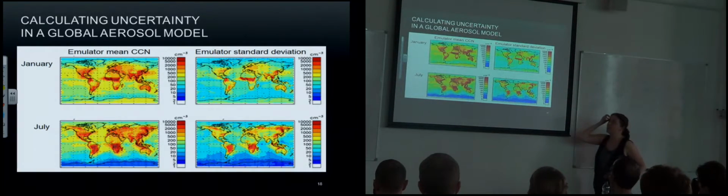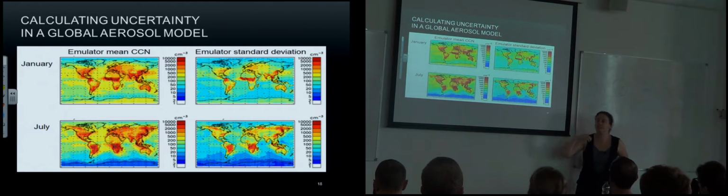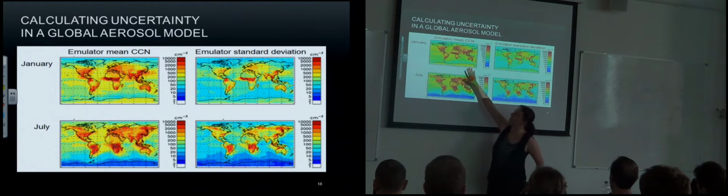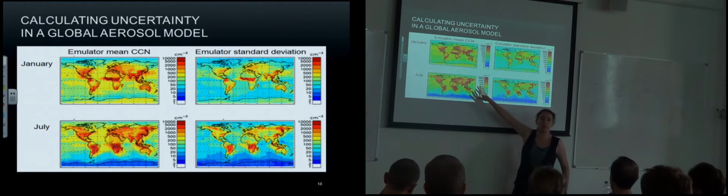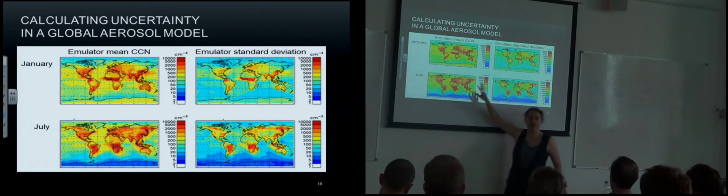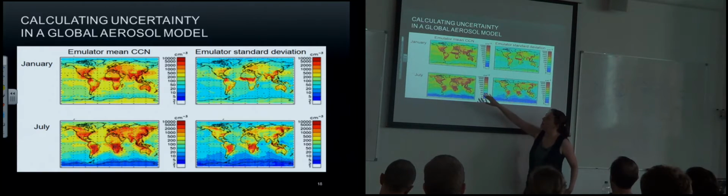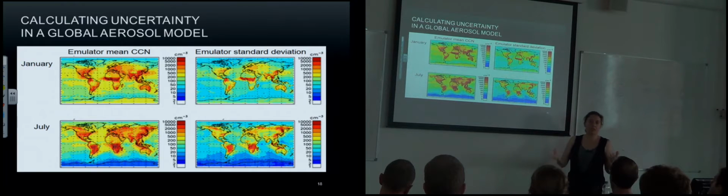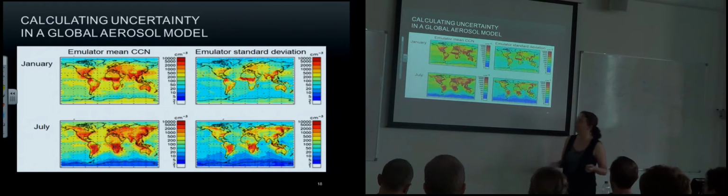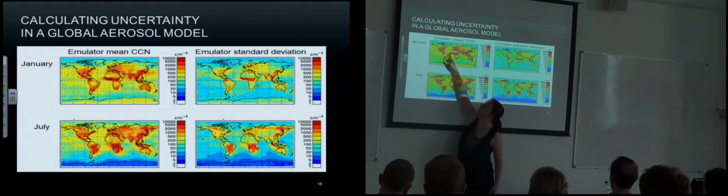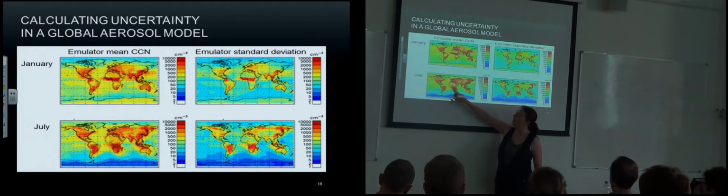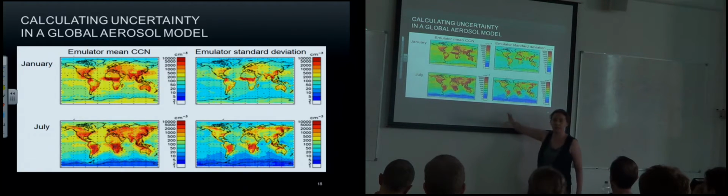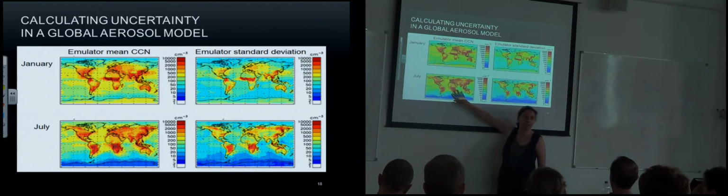And then we start to get results like this. Our emulated mean CCN in 2 different months, from independent grid boxes. All the spatial correlation is there in the mean, and it looks like what the aerosol modelers would expect to see. It's high aerosol over regions where there's a lot of biomass burning, like the Amazon, and that changes from winter to summer, so we've managed to capture that change.